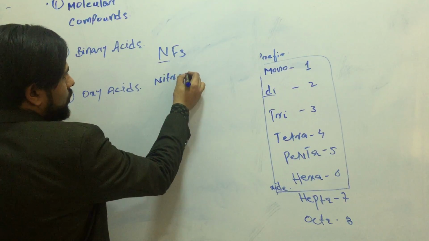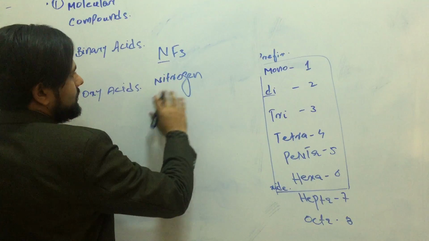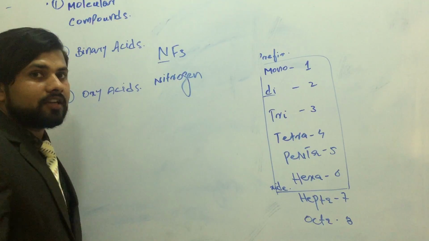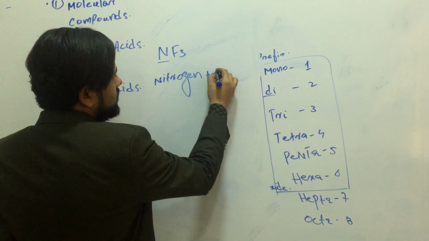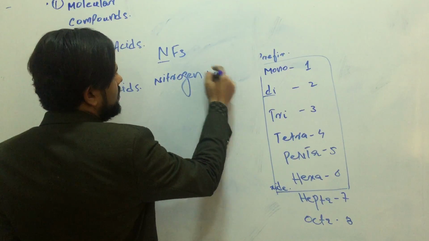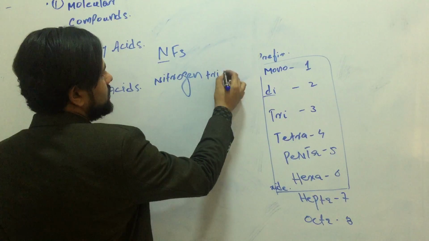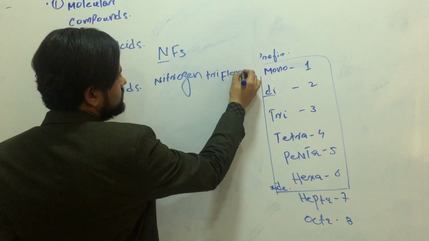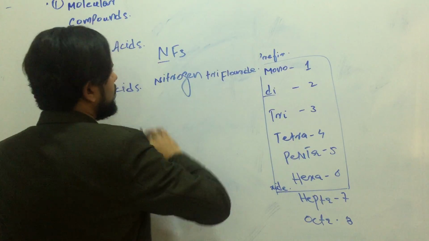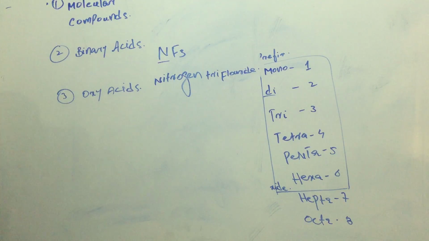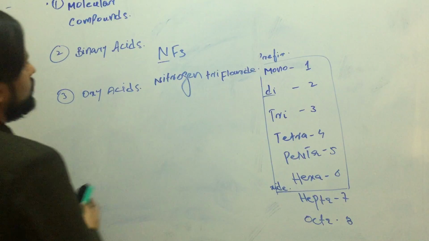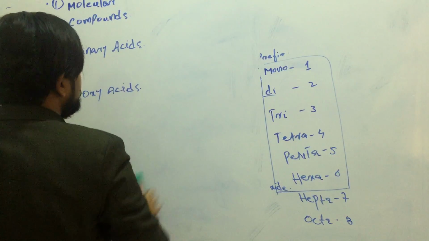I'm not going to write mono because it's the first element, so it's the same, nitrogen, then fluorine, 3 atoms. For 3, what's the prefix? Tri. Nitrogen, tri, this is fluorine, sorry, so it's going to be fluoride. Nitrogen trifluoride.